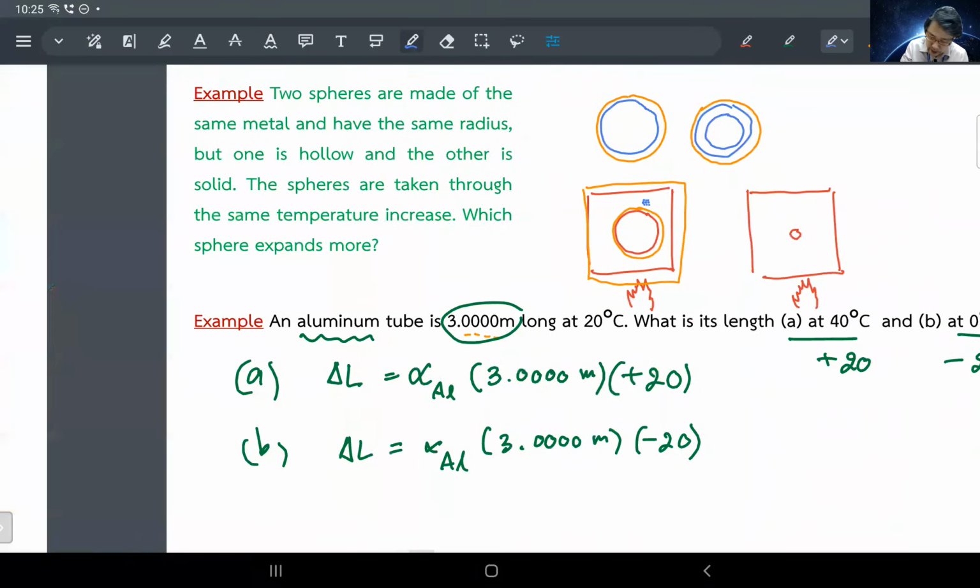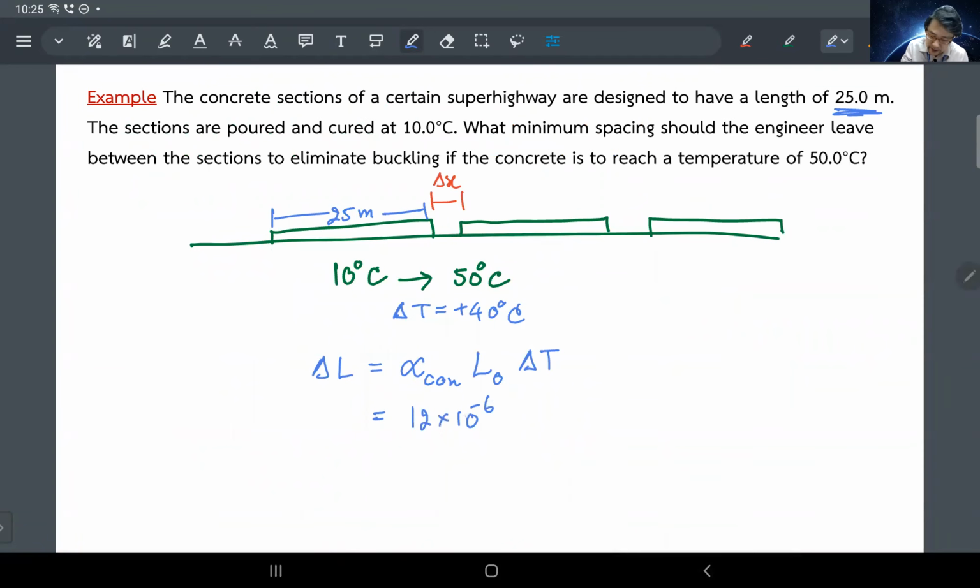So 12 times 10 to the negative 6. All right, let me omit the unit here, so make things a little bit nicer, just purely numbers. The length originally is 25. The delta T is positive 40. That's it. So once you plug in all these numbers, the final units will be in meters. That is the change in the length. Alrighty, and that is it.